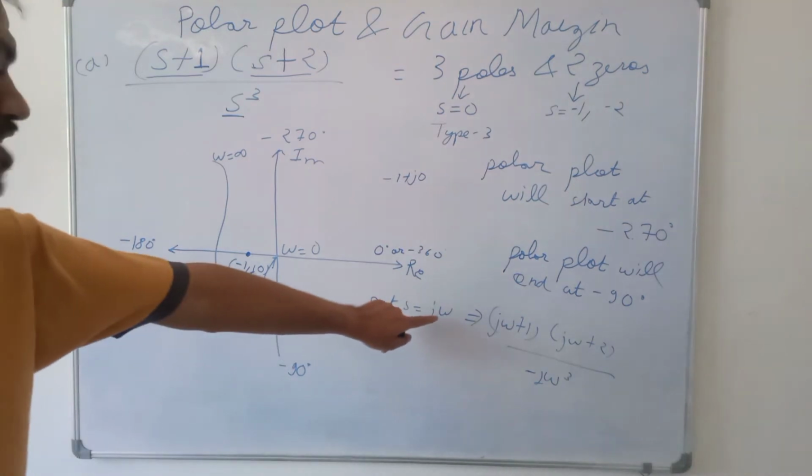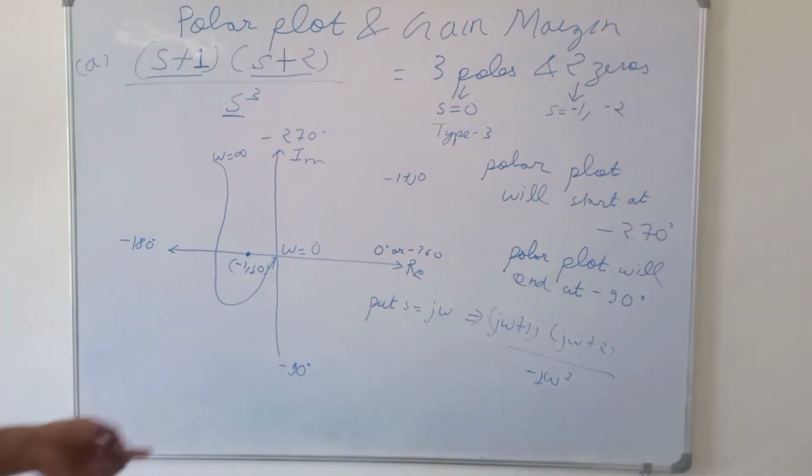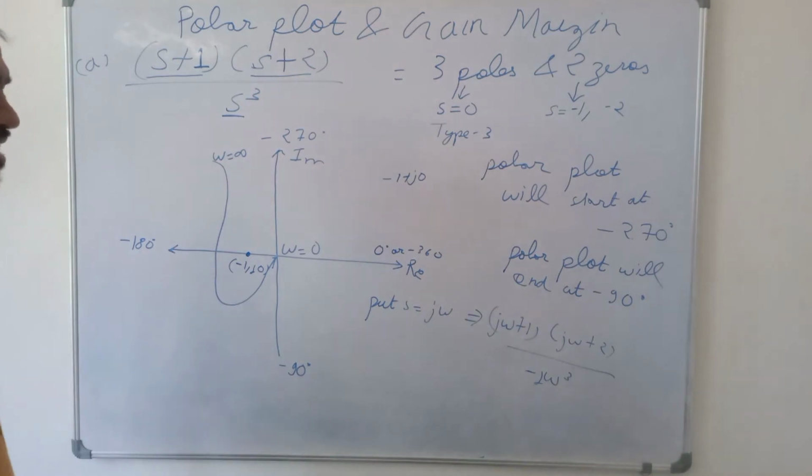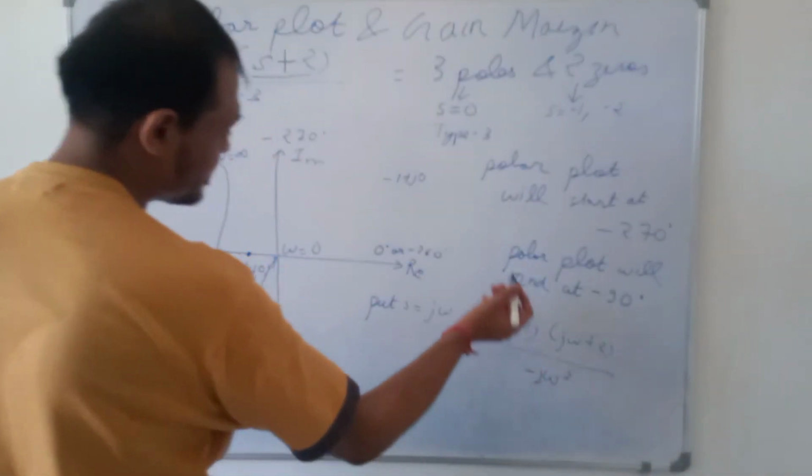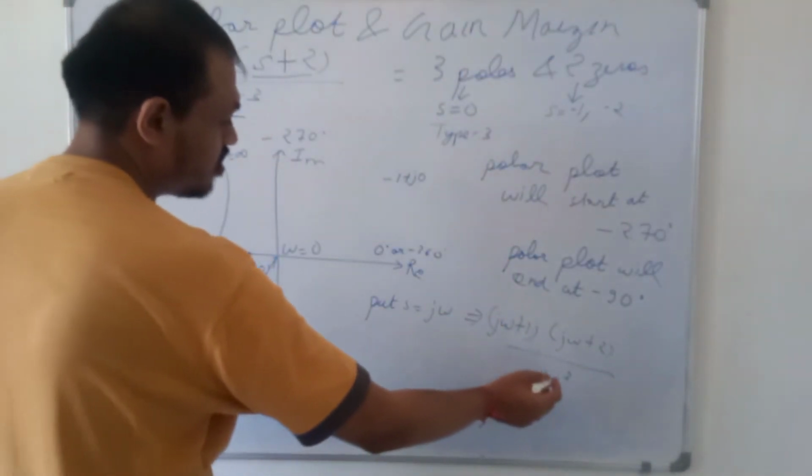When you put s equal to j omega, at omega equal to infinite this value is infinite, and at omega equal to 0 this value is 0.